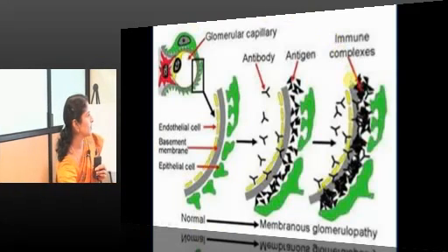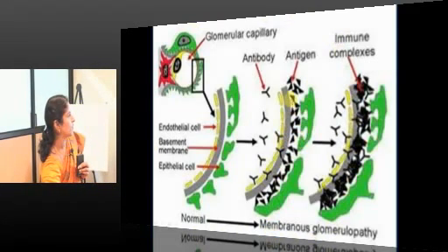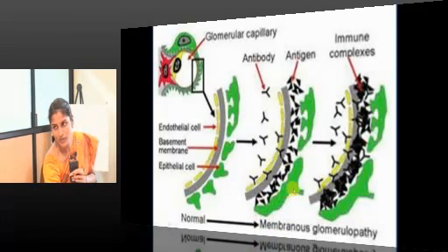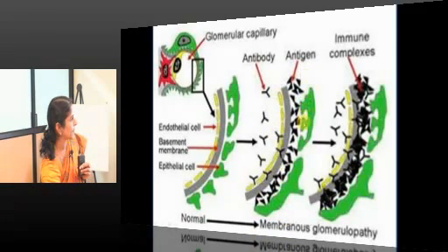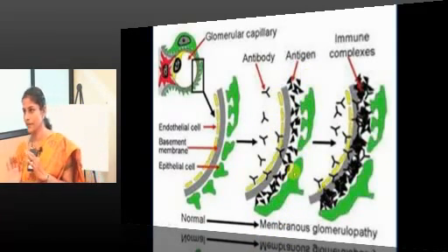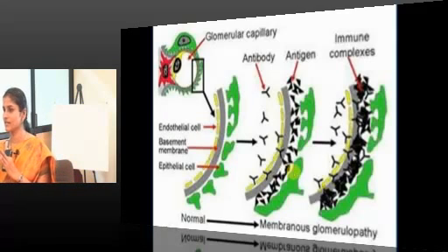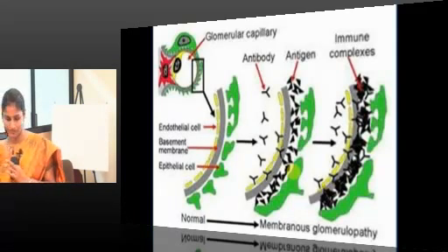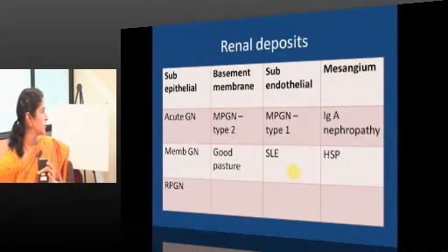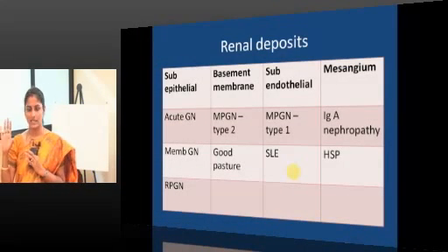That's it. So, the example shown over here is actually membranous glomerulopathy. Where are you seeing the deposits? Subepithelial. Okay. So, in membranous glomerulopathy, there will be deposits on the membrane, but on which side? The subepithelial side of the membrane will be carrying the deposits. So, broadly these four zones.